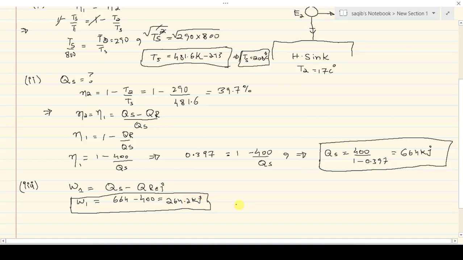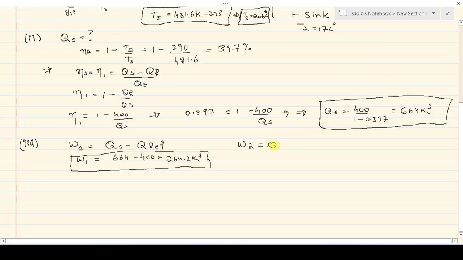kilojoule. Okay. Now for the second engine, the work output is heat supplied minus heat rejected. For the second engine, heat supplied is 400 and heat rejected is unknown. So we have to first calculate the heat rejected by the second engine. We know the efficiency formula of the second engine, which is 0.397.